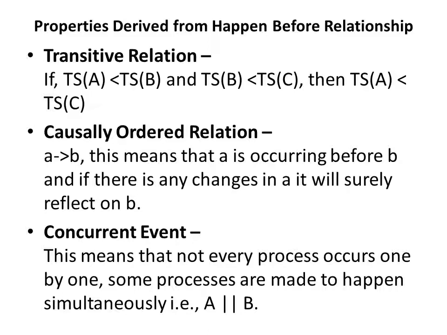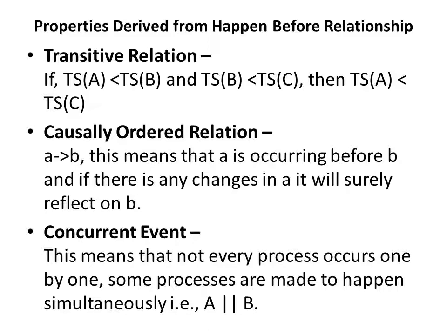Properties derived from the happened-before relationship, which is causality. First, transitive relation: if the timestamp of A is less than the timestamp of B and the timestamp of B is less than the timestamp of C, then automatically the timestamp of A will be less than the timestamp of C. Second one, causally ordered relation.